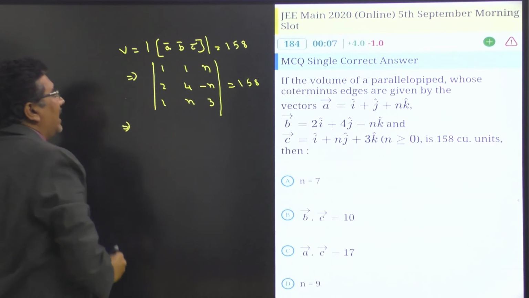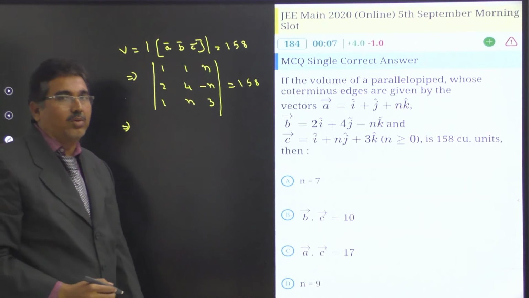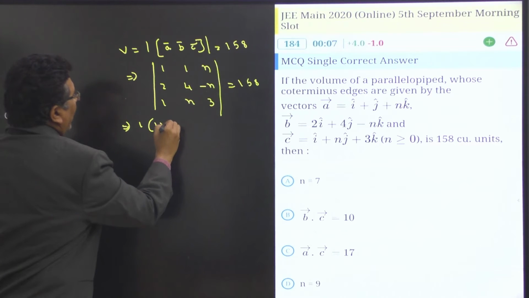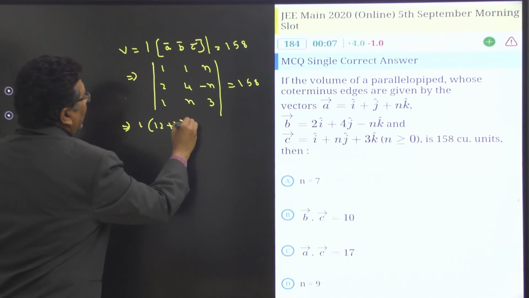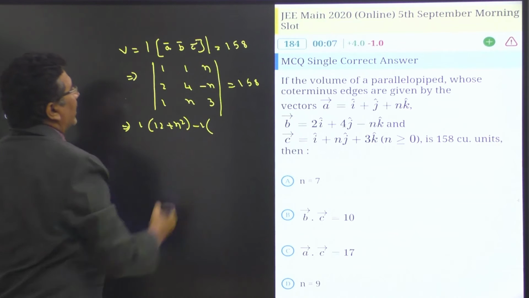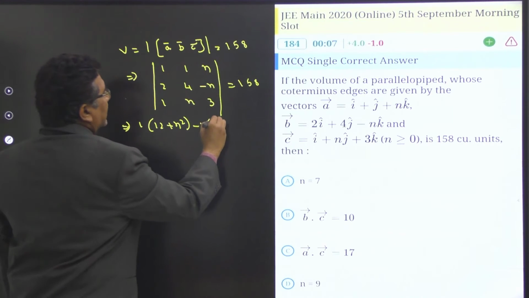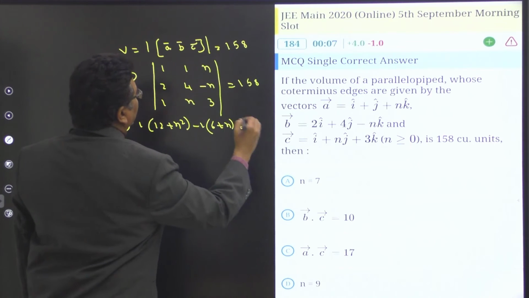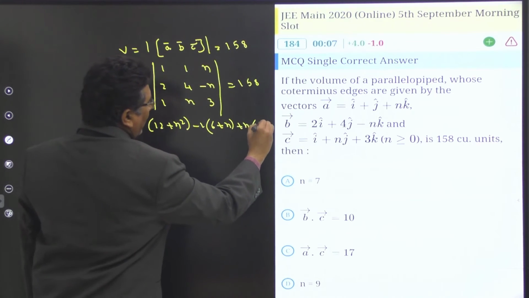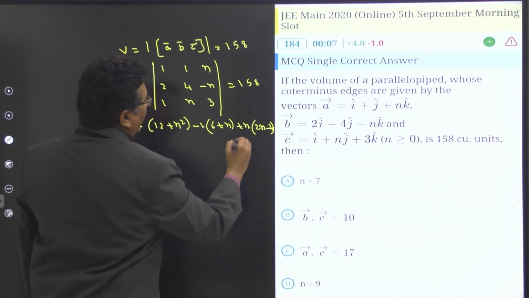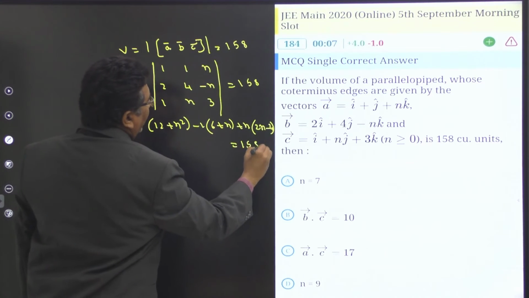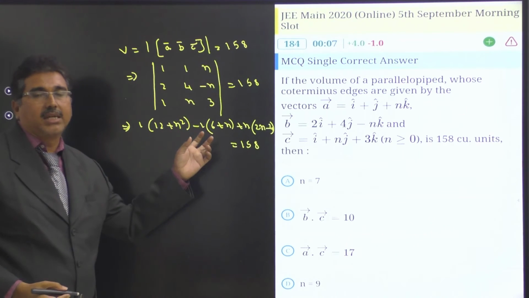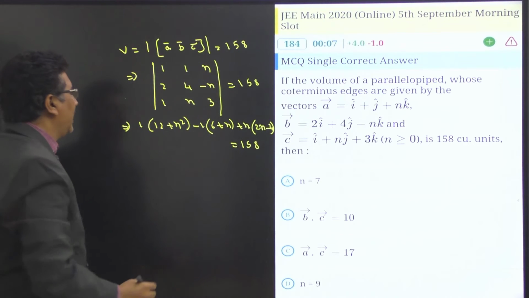Now, expanding the determinant along the first row: 1 into (4 threes are 12 plus n square) minus 1 into (3 twos are 6 plus n) plus n times (2n minus 4), and the absolute value of the left side is equal to 158.